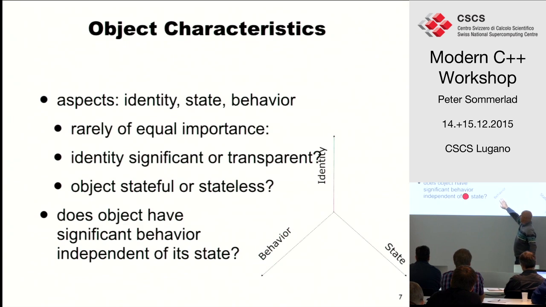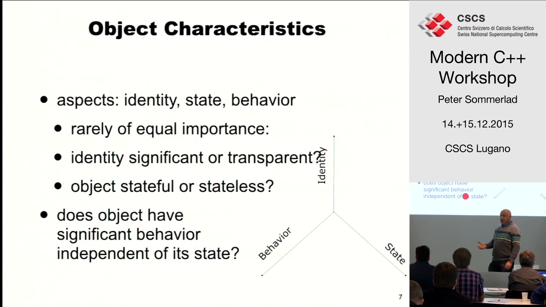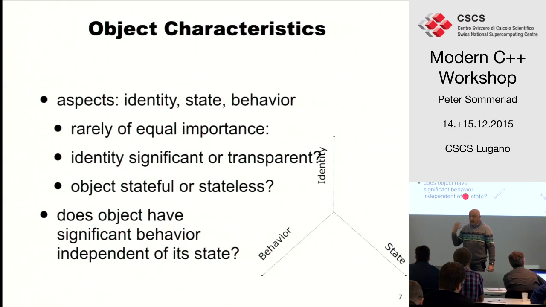The most important thing, or very often the most important thing, is the behavior of an object. Another, often less important, or at least encapsulated thing, is the state of an object. And the third thing is the identity. Depending on how important each of these dimensions is, the classes that represent such objects have a different kind of significance.